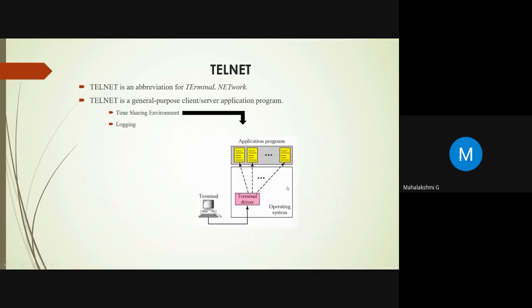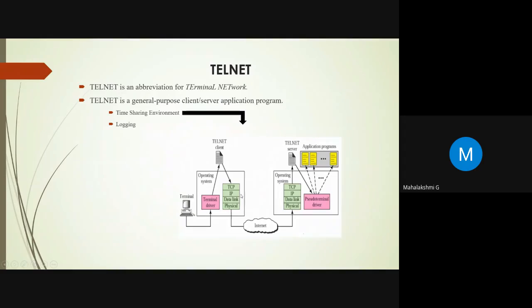But in this case, the operating system is going to just accept the character, but it is not going to interpret it, because the instruction or the application program is not going to be accessed in the system where it resides. So in this case, it is going to just accept, but not interpret them.